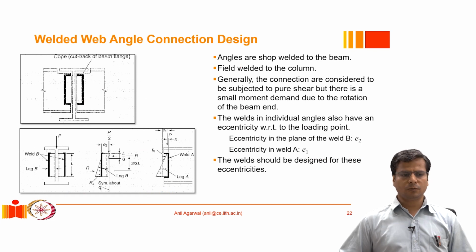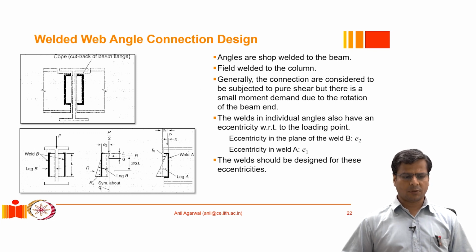Now when it comes to web angle connections, we will talk about only the types of connections which are available in the Indian standard IS 800, which are specified there. For the other types of connections which I have mentioned before, we can follow international standards such as American or European standards to design them. In this discussion, we will restrict ourselves to only the ones that are present in annexure F of IS 800.